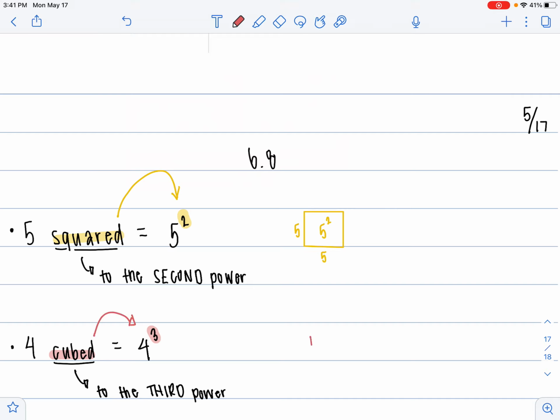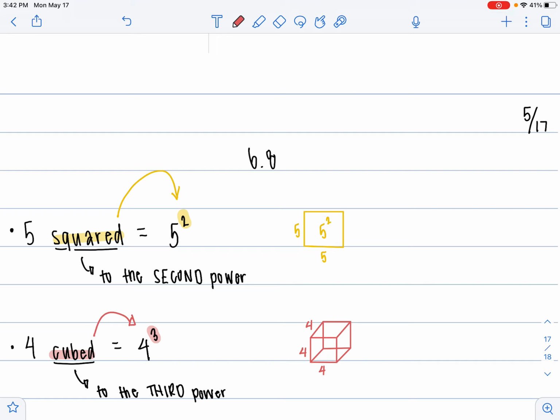And the reason why this is true is because if you think about a cube, and again, just like squares, cubes have all equal side lengths. And let's say that we had a cube where the length, width, and height were all 4.